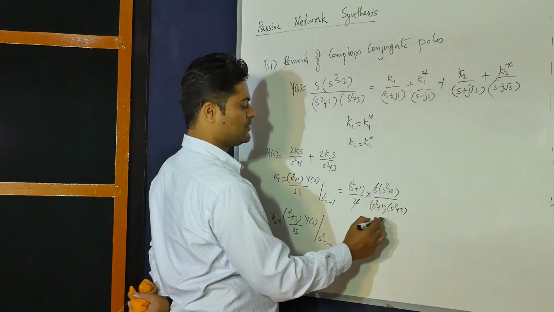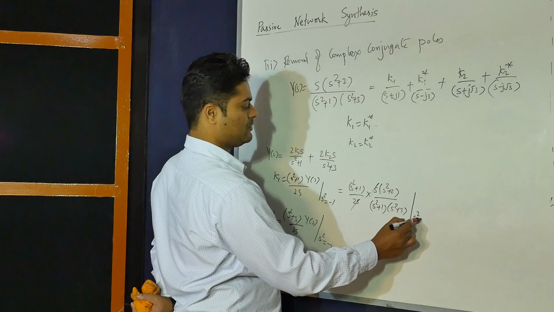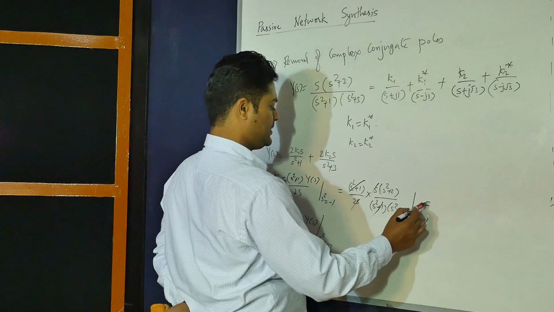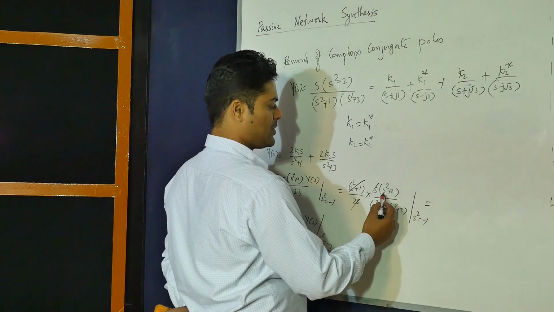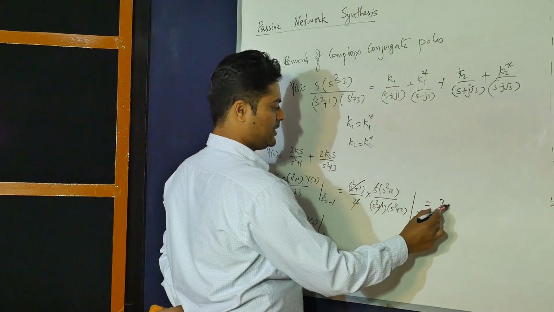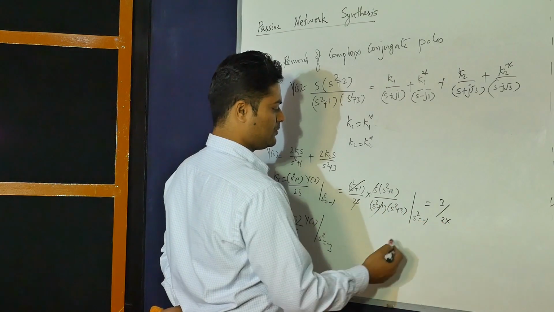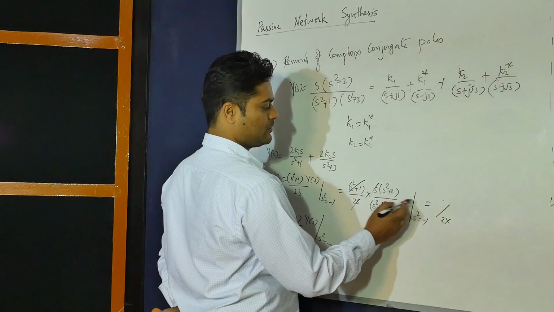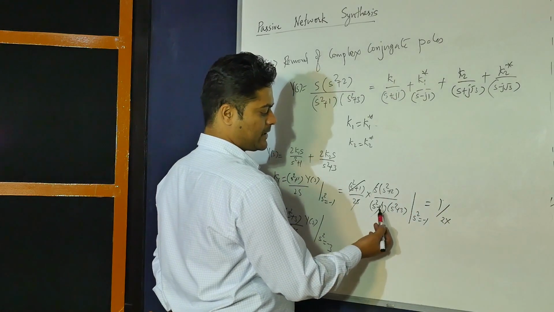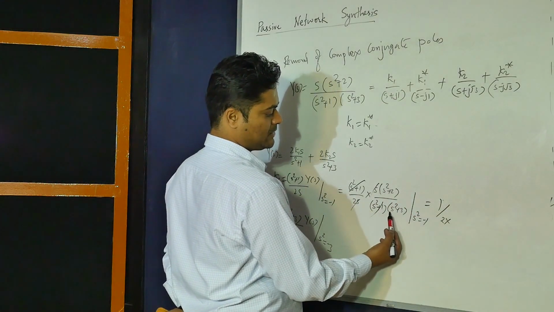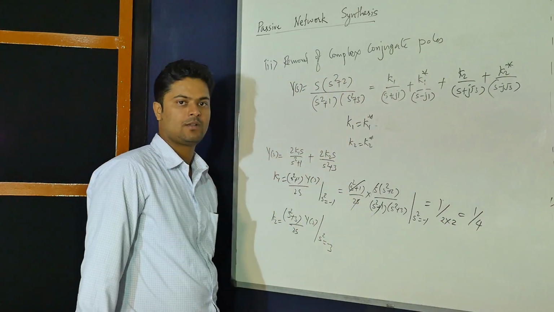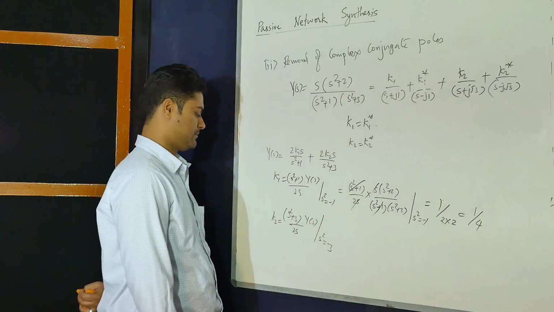The s cancels, at s square equal to minus 1, so we get minus 1 plus 2 is 1, divided by 2 into minus 1 plus 3, which is 2. So it is 1 by 4. We get k1 equal to 1 by 4.